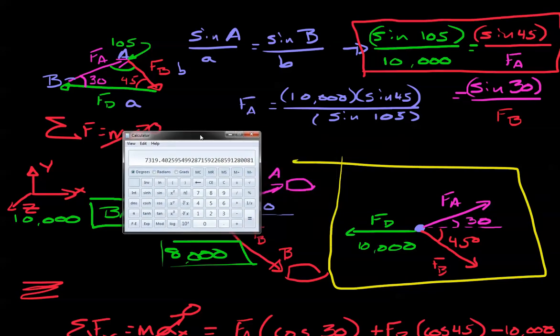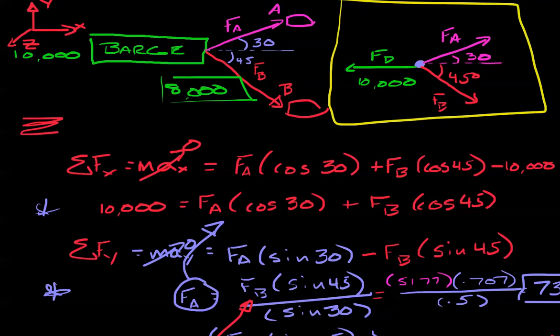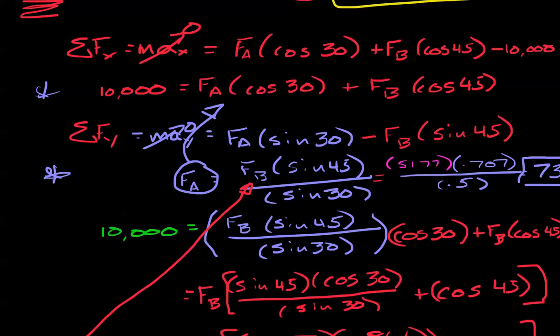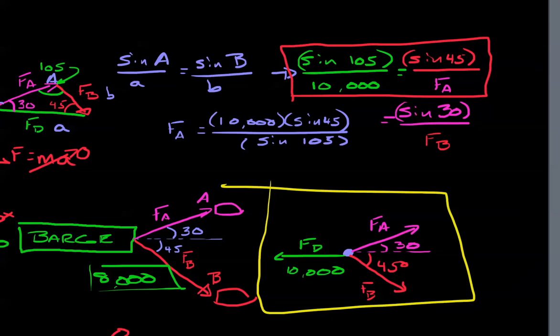7,319. So 7,319, let's see, what did we get earlier? Force of A was, here it is, 7,321. So that's due to all the rounding errors we made. Here, because we're doing it in so few steps, less steps mean less rounding error.